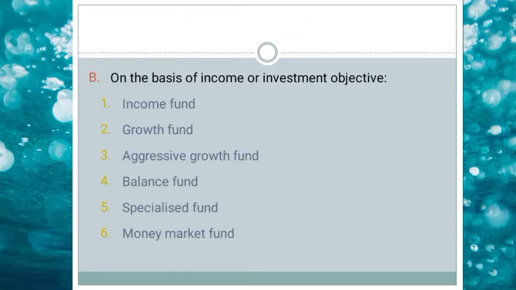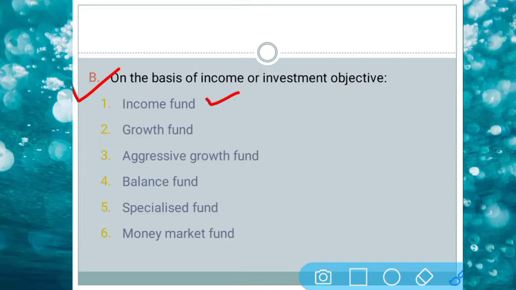Now there is another type of mutual fund, working on the basis of income or investment objectives. For what purpose is the investment done in mutual fund? On this basis there are various types of mutual fund. Among these, the first type is the income fund. The name itself defines that the fund aims to generate regular income for investors.